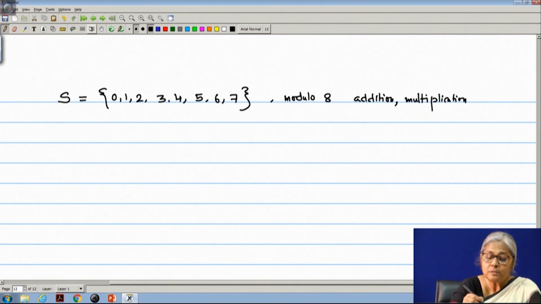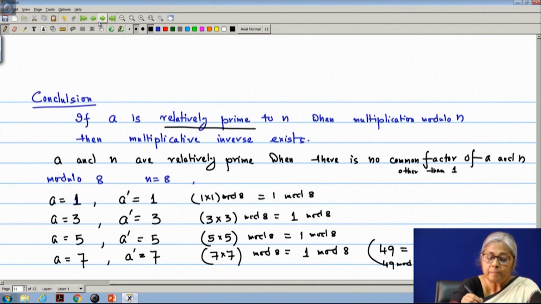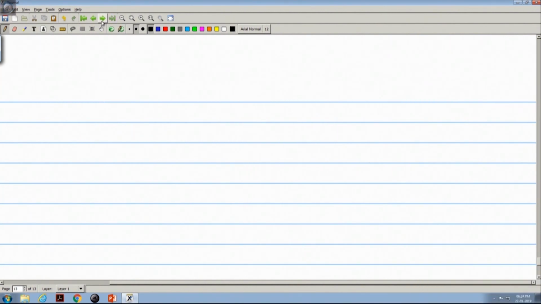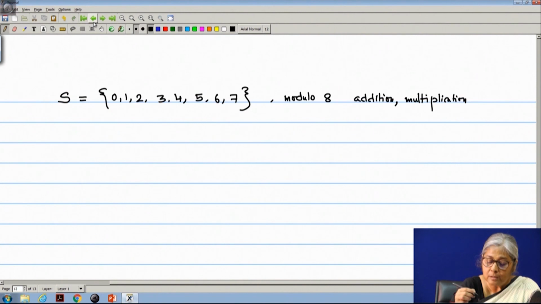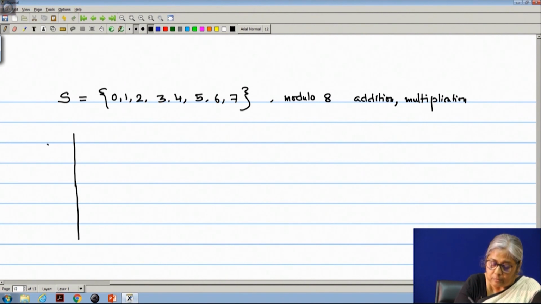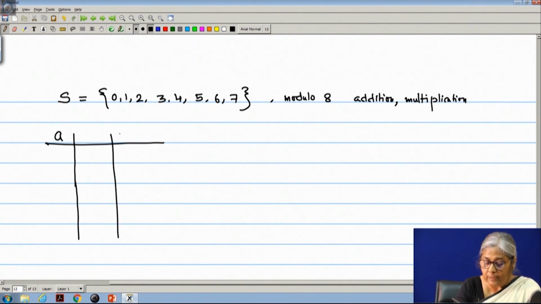So, from the previous 2 examples, if we now write A, the additive inverse and the multiplicative inverse.